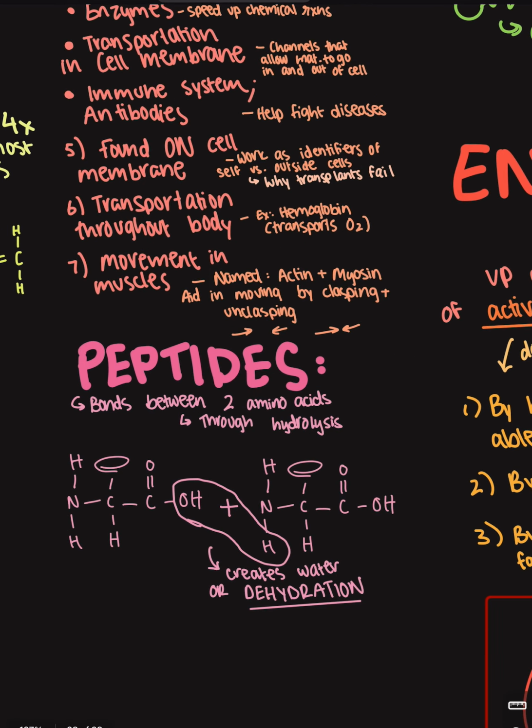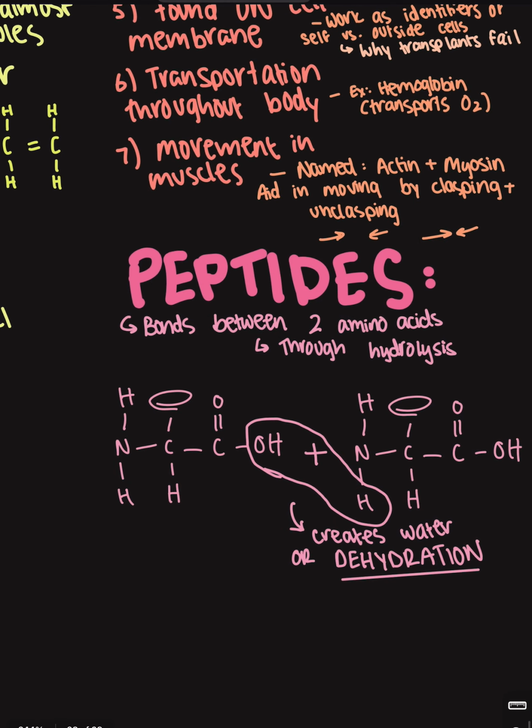Peptide bonds are bonds between two amino acids, and this is through a process called dehydration. So how do we see this happen? You can see here is one amino acid, and this is another amino acid, and I want to combine these two. How?